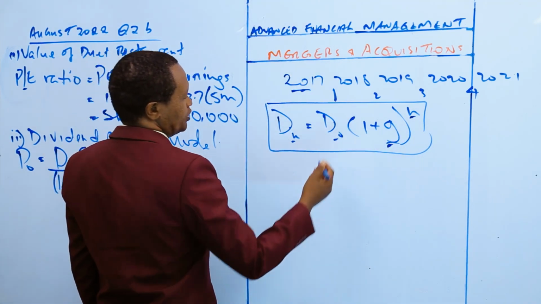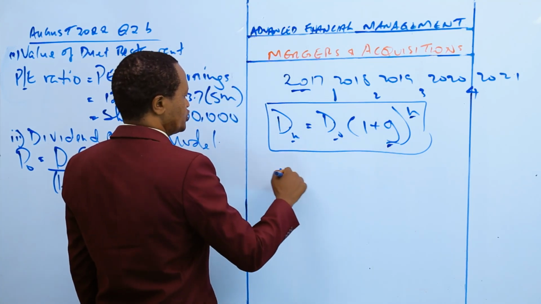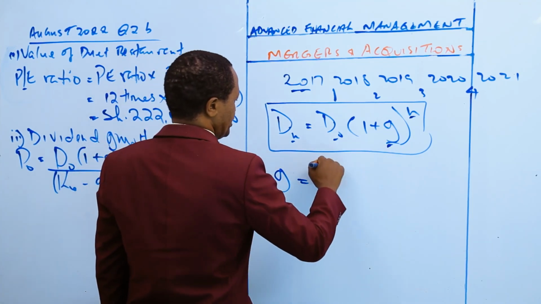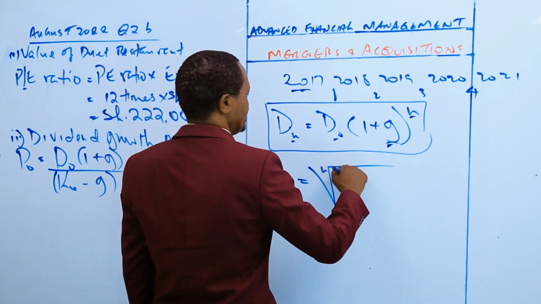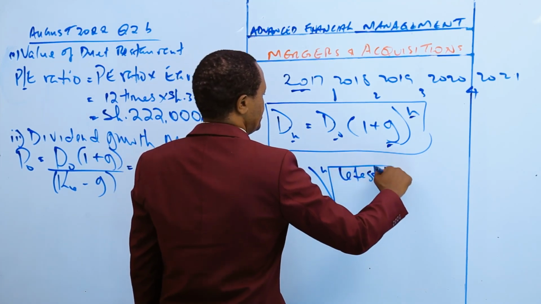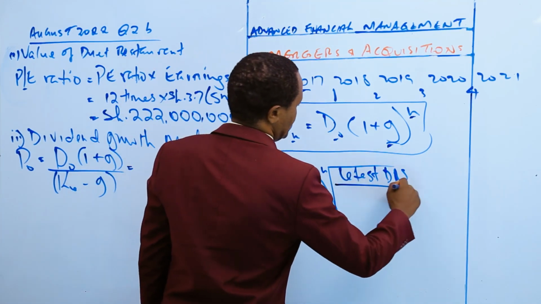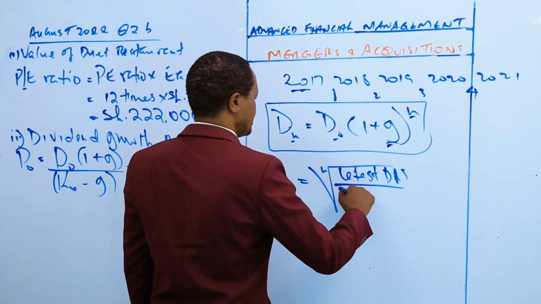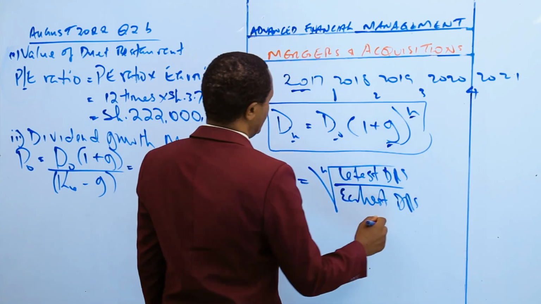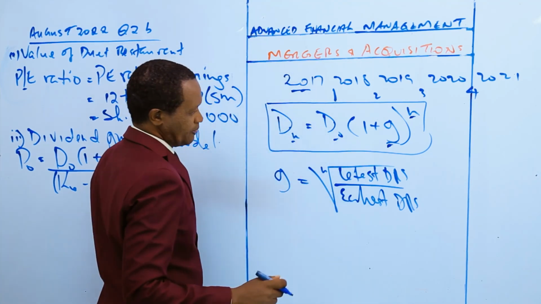Out of this formula, we can make G the subject, which gives G equal to the nth root of the latest DPS, Dn, over the earliest DPS, D naught, minus 1.